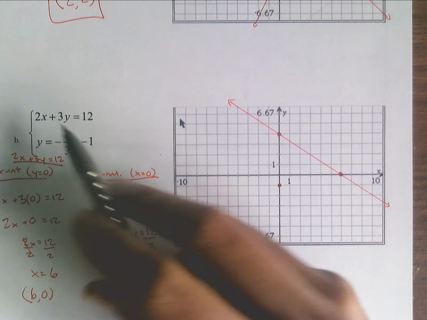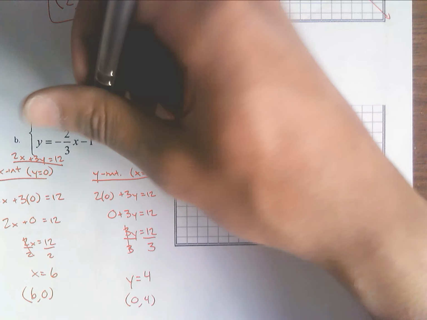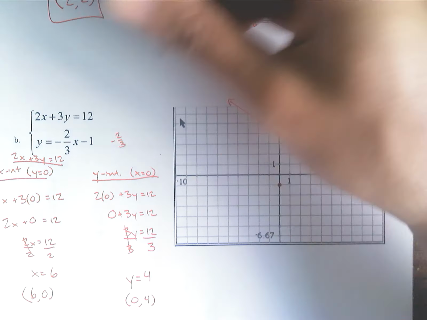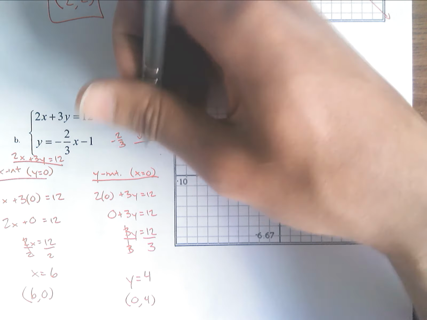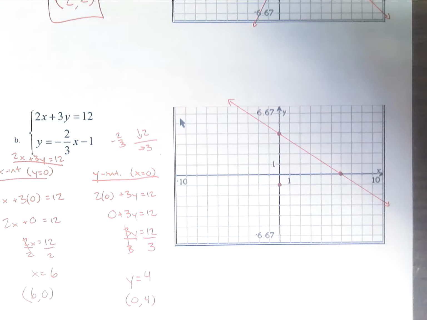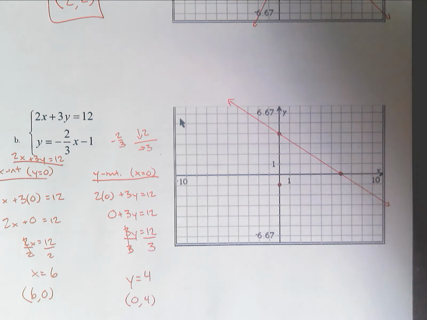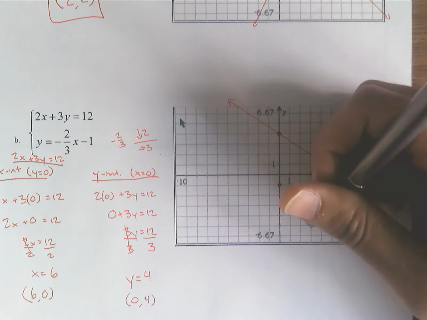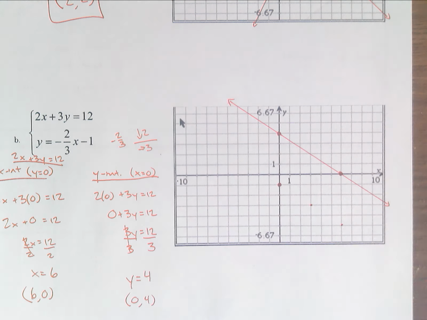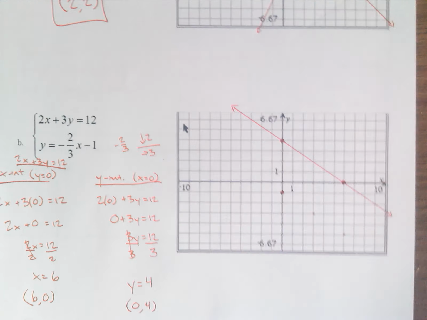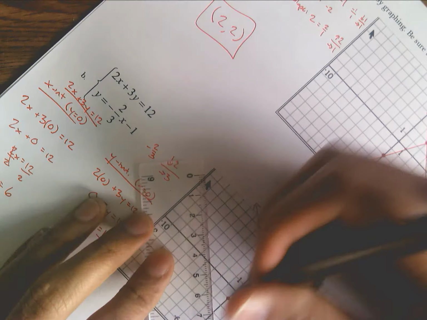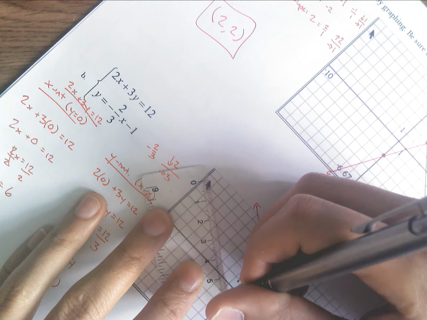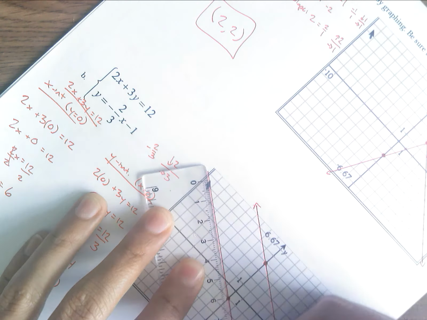So negative 2/3 tells us to go down 2 and right 3. So from this point, we're going to go down 2 and right 3, down 2, right 3, and so on. So we're going to get this point here. You're going to connect your dots and you're going to get your line. So we get these 2 lines here.